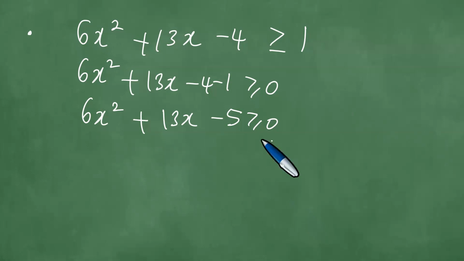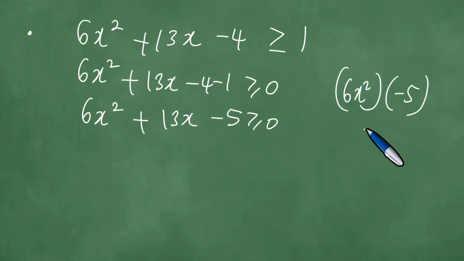We multiply 6x squared with minus 5, getting minus 30x squared. So we take the factors of minus 30x squared that will give 13x.